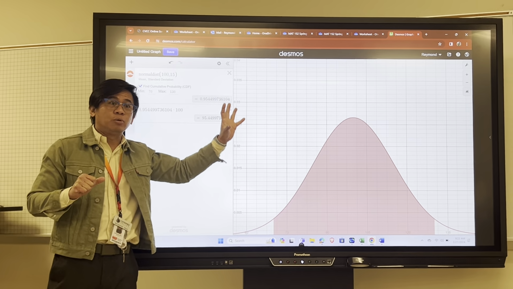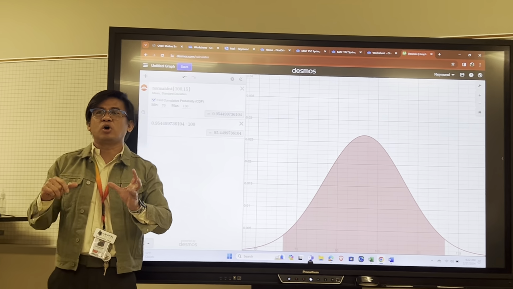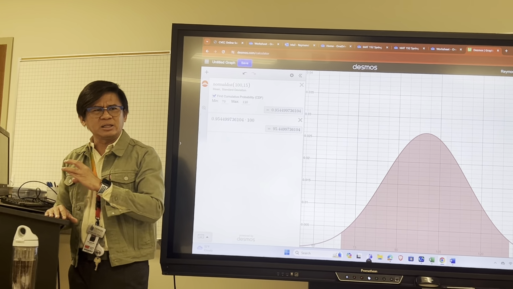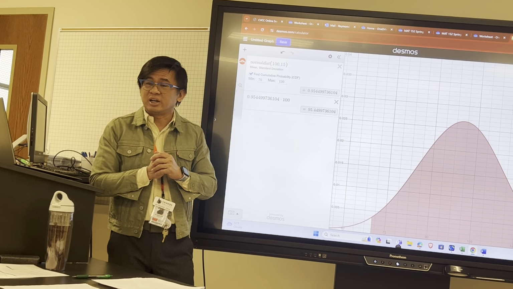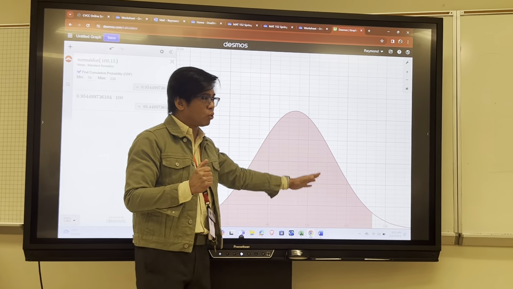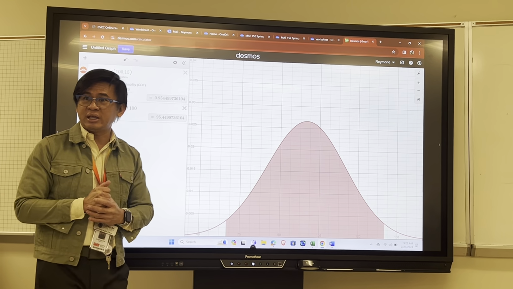But again, it'll be a good thing to have this one to give you confidence about whether you are getting the answers right. Other than that, there's no way of finding out if you are confident enough with your answer. As you may notice in here, does that look like it's 95% of the entire data set?